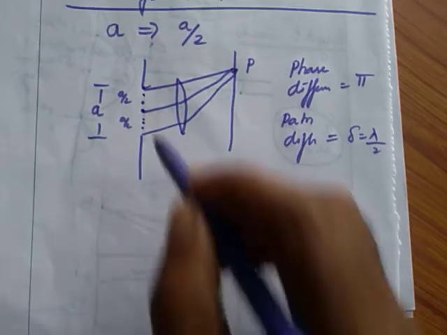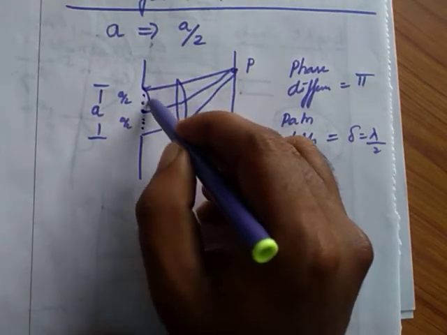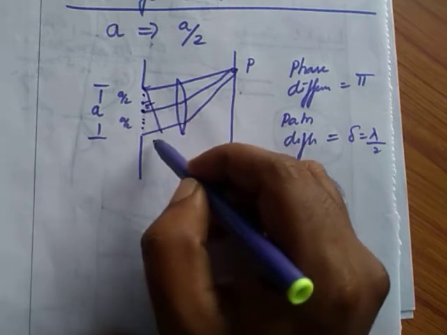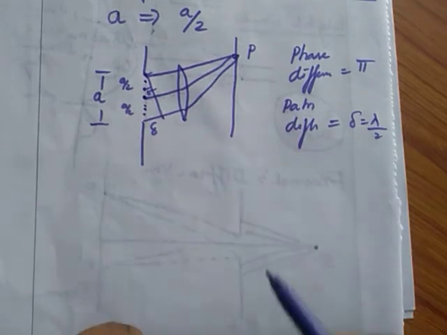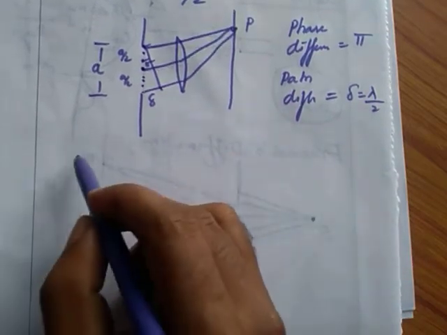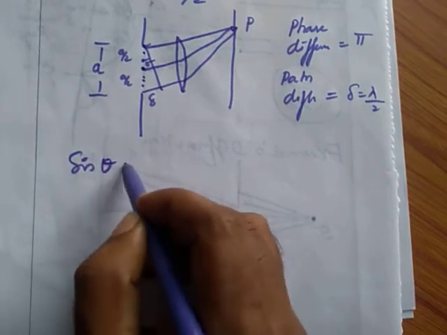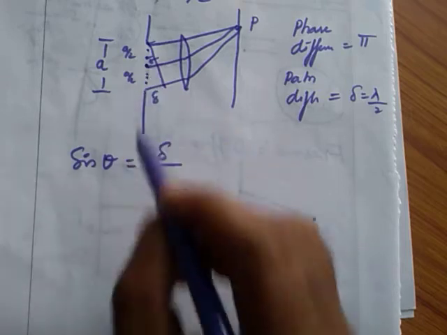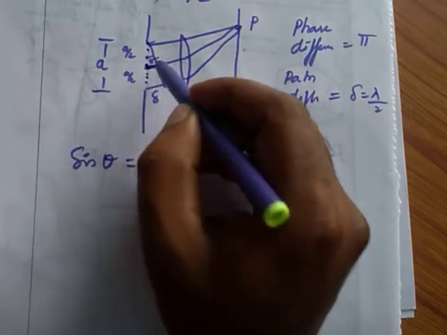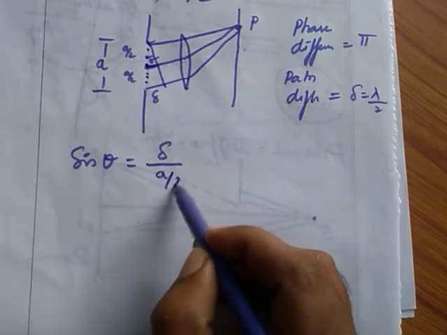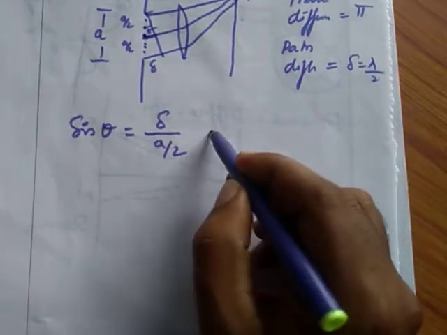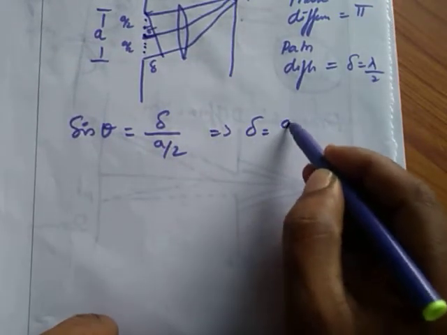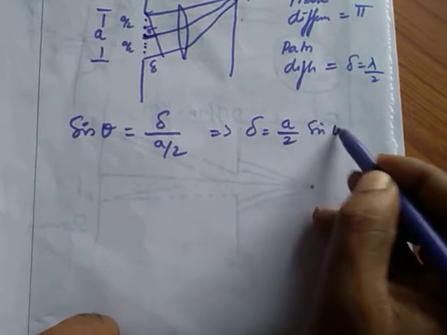Here this is theta, and this is delta, the path difference. We can write sin theta is equal to the opposite side delta by the adjacent side, that is a by 2. Then delta is equal to a by 2 sin theta.